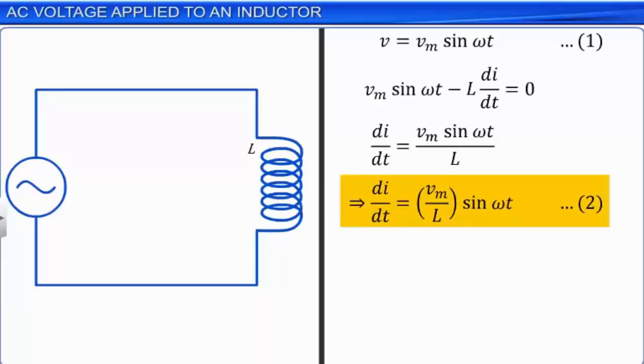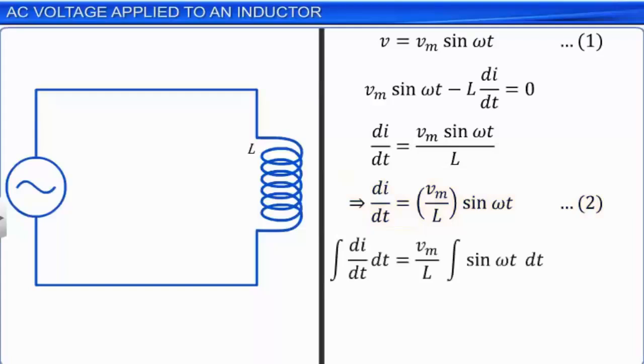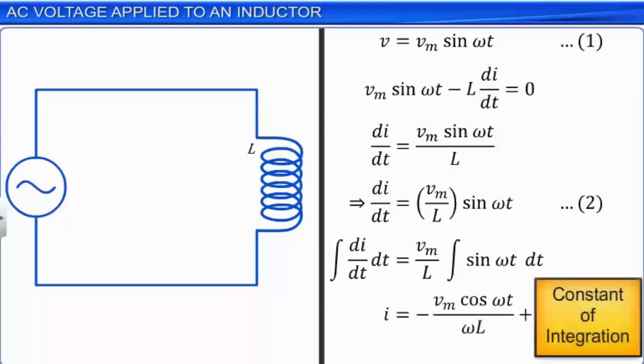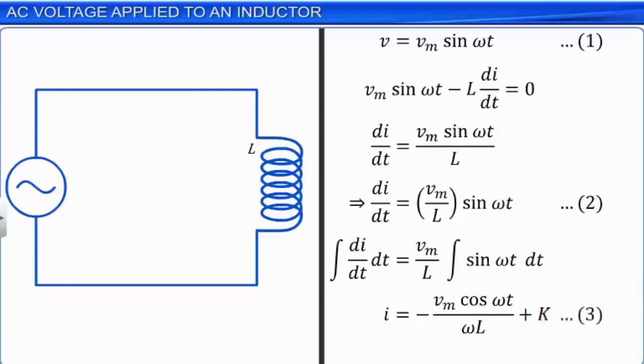Integrating equation 2 with respect to time, we get the value of the current in the circuit as I equal to minus Vm cos omega t by omega L plus the constant of integration. Let this be equation 3. Since we know that the voltage source is supplying a time-dependent voltage, which is symmetric about 0, we can assume the same to be true of the current.